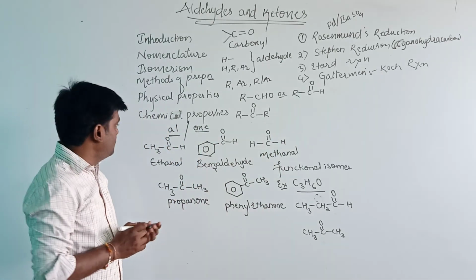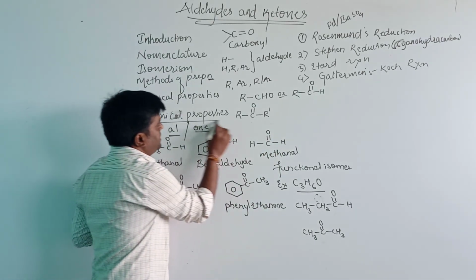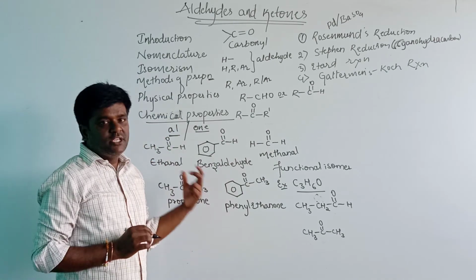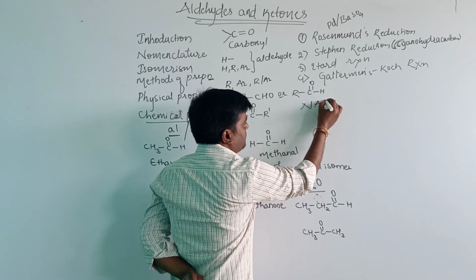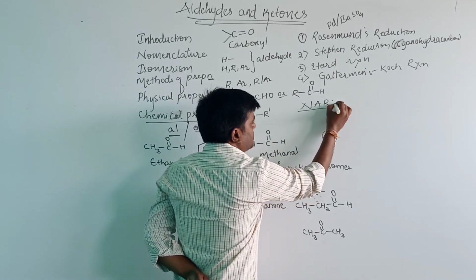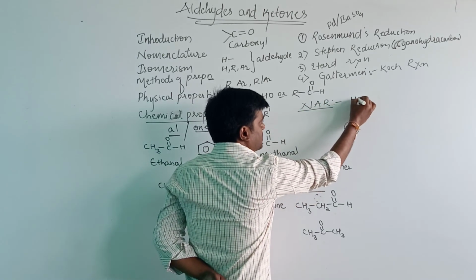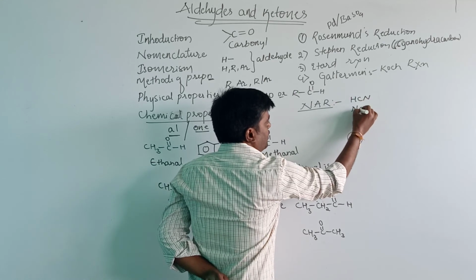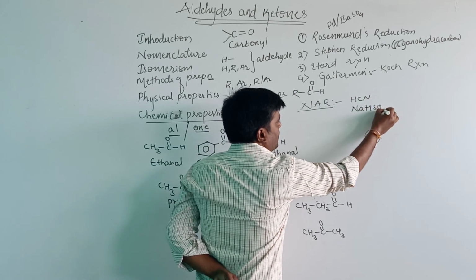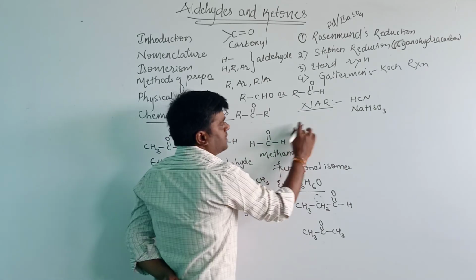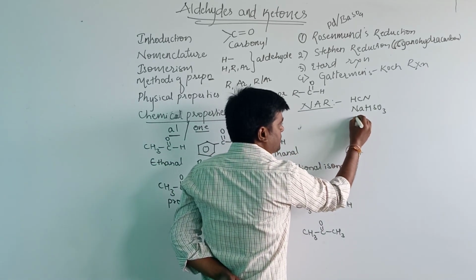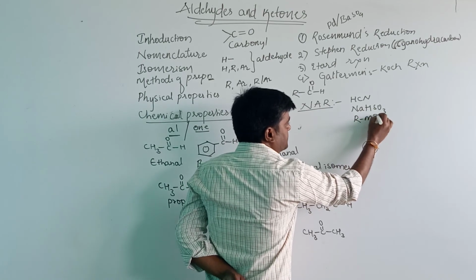And in the next class we will continue with chemical properties. In the chemical properties we have studied the nucleophilic addition reaction. In the nucleophilic addition reaction we have studied the hydrogen cyanide addition, sodium bisulfite addition, and the Grignard reagent, that is RMgX, addition.